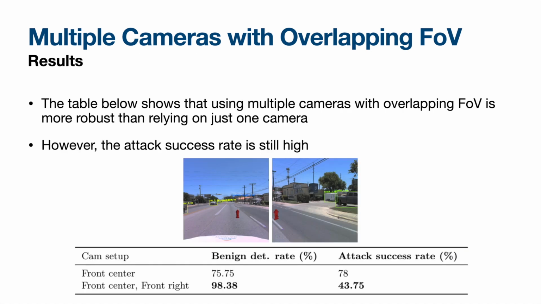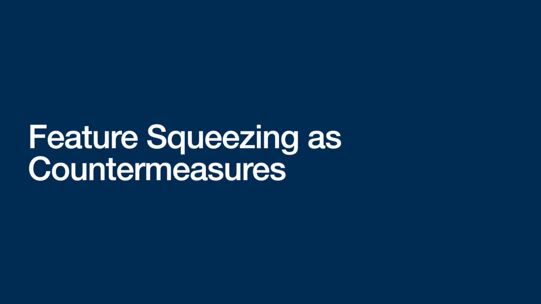The table below shows that using multiple cameras with overlapping field of view is more robust than relying on just one camera. We can see that the attack success rate falls from 78 to 43.75%. However, the attack success rate is still relatively high. Therefore, we discussed 3 additional countermeasures in addition to the demonstration of using multiple cameras with overlapping field of views.